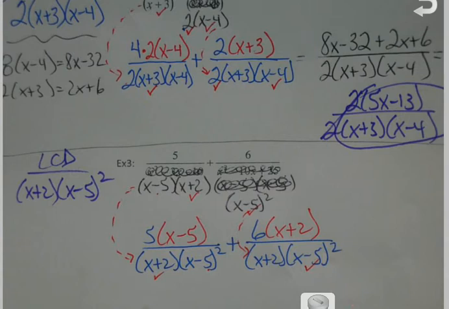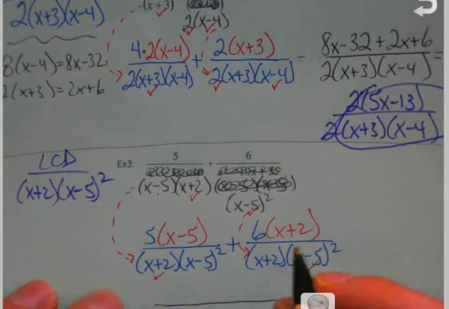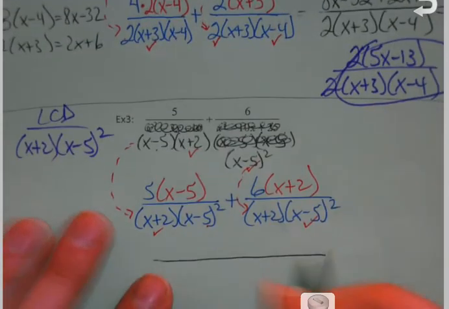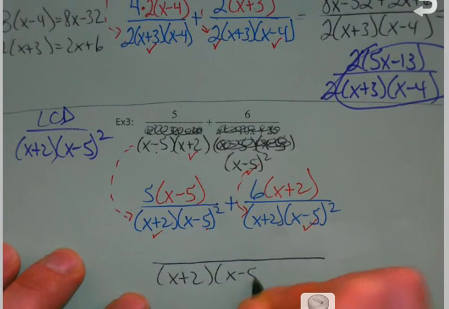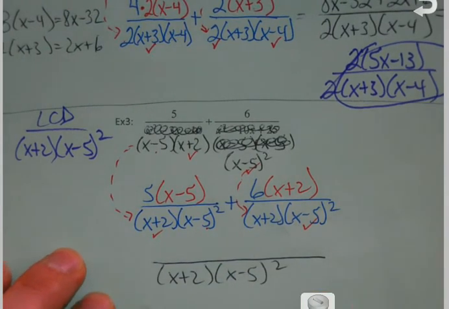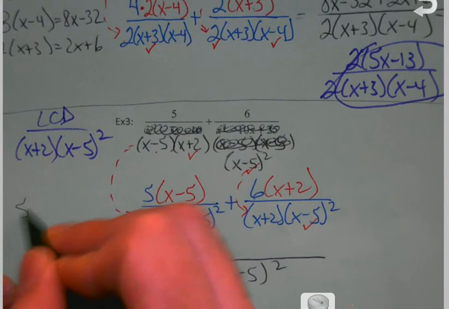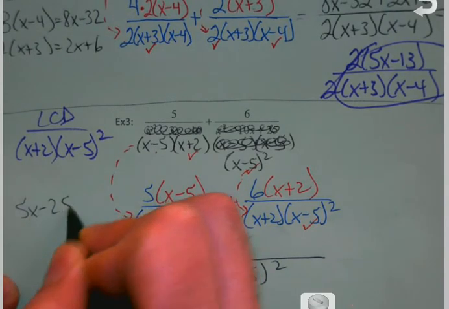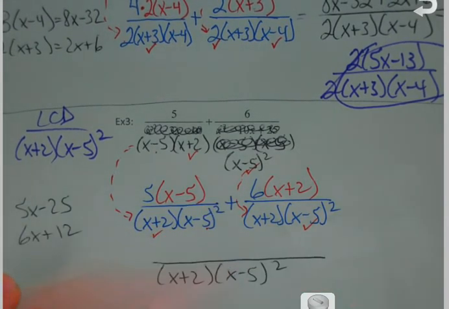Cleanup time. Okay, we're going to try and go one fraction this time. We got this. Bump this up a bit so we can actually see what's going on. So here I've got 5x minus 25. And over here I have 6x plus 12.